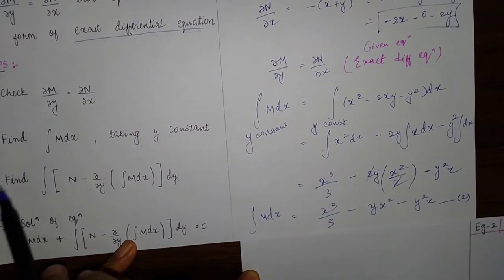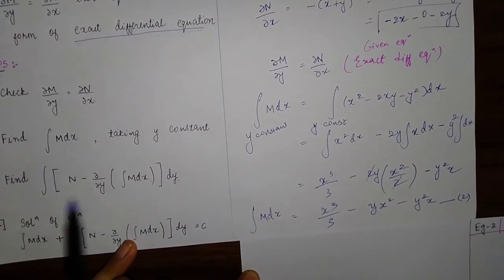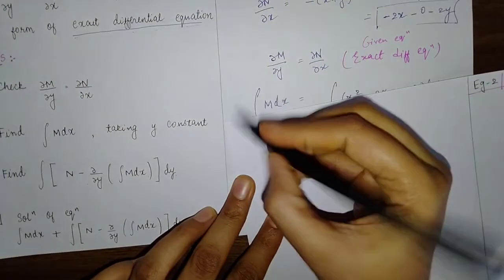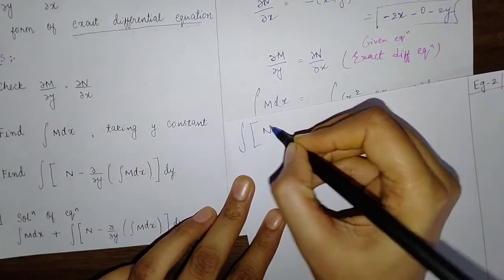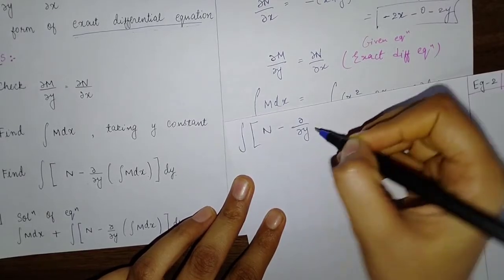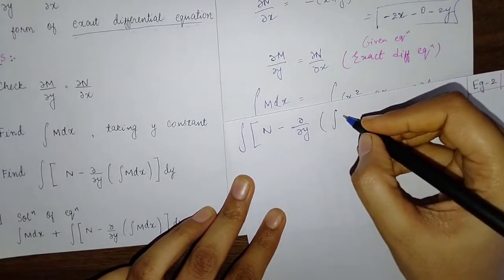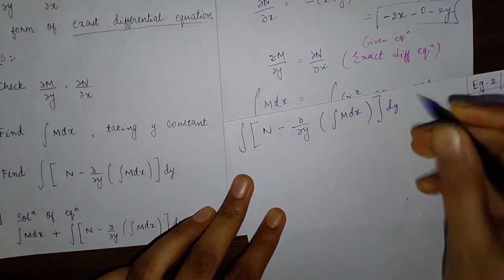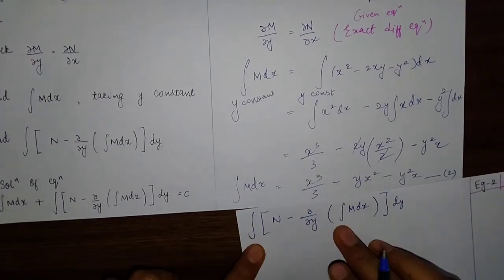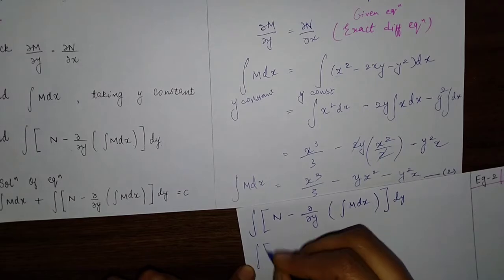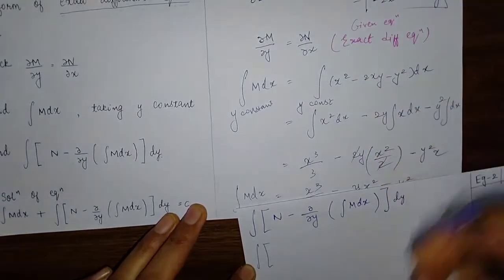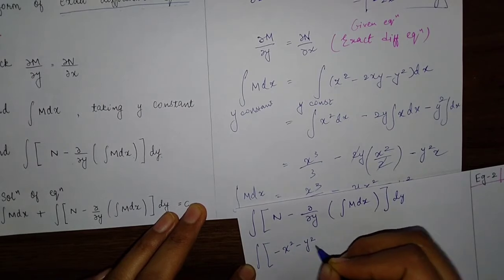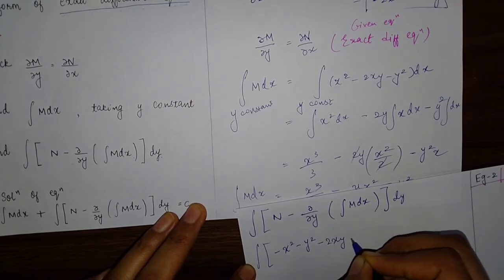Now we will move towards step number 3. So we will find this term, that is integral N minus del by del y of integral M dx. Integral M dx is the term which we got here. So if I write the value of N, what is our N? N is minus x square minus y square minus 2xy.